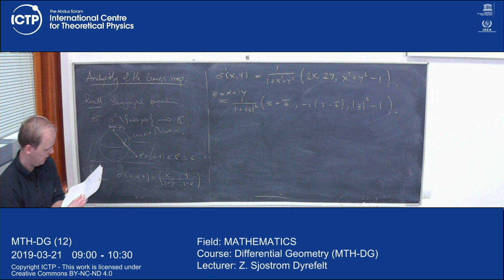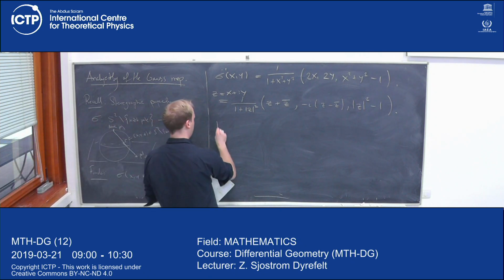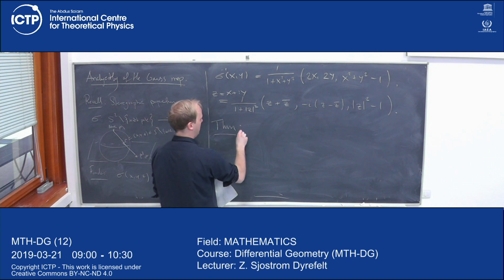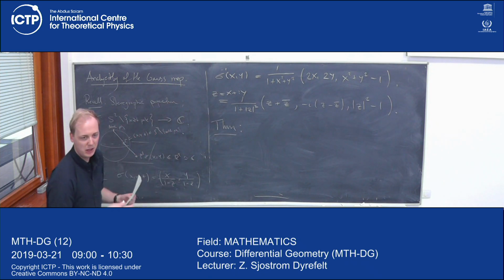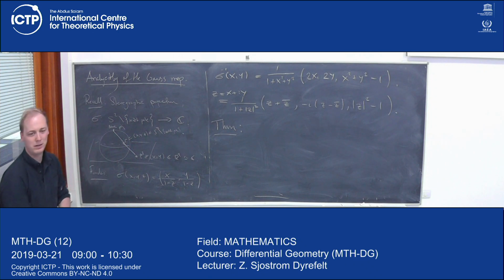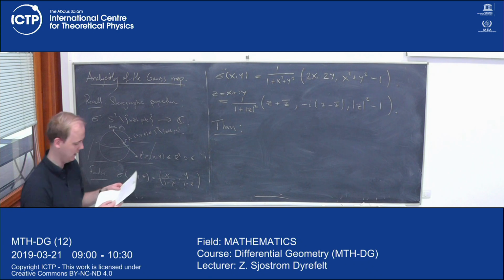And now the theorem, the analyticity of the Gauss map. This would be maybe the second main theorem that I just want to mention in this lecture. This is very, very important, very nice.